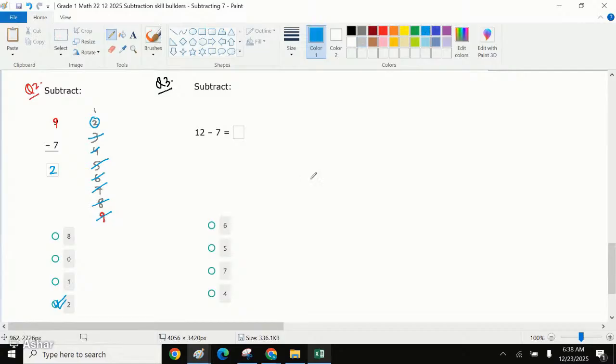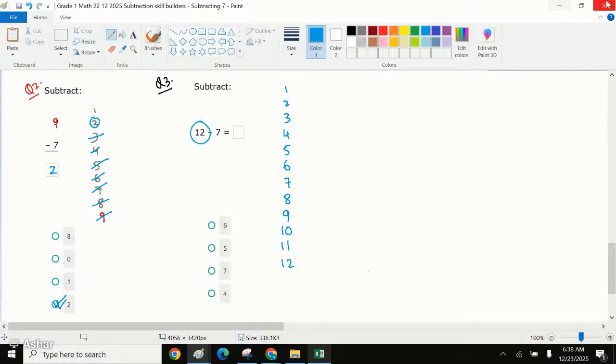Can we start off writing the numbers? Can we write the number 1, 2, 3, and we have to go till 12 because 12 is the largest number. 1, 2, 3, 4, 5, 6, 7, 8, 9, 10, 11, and 12. Okay.